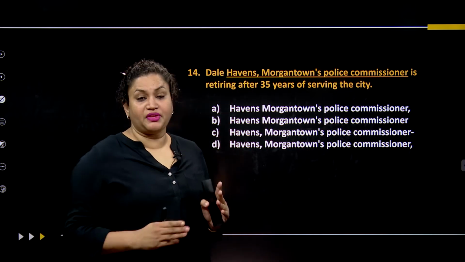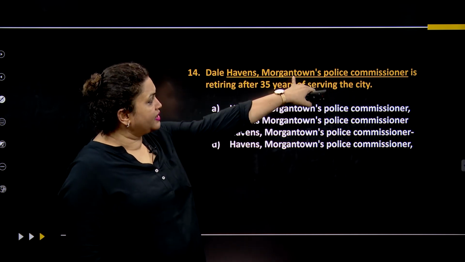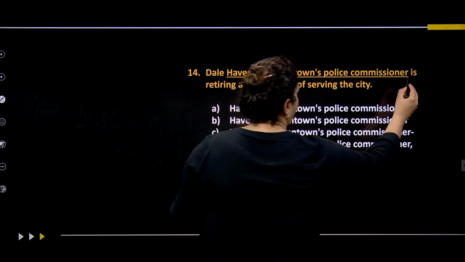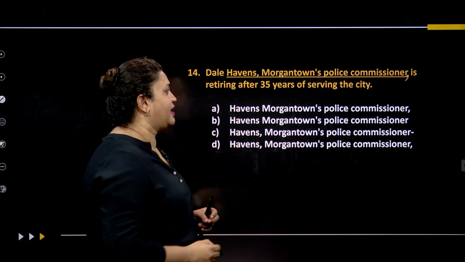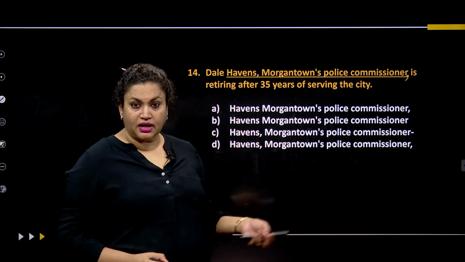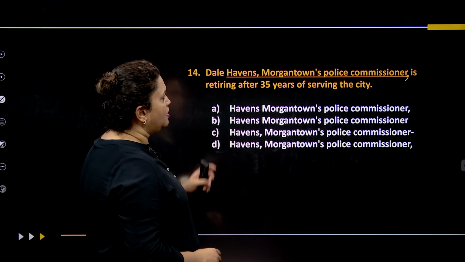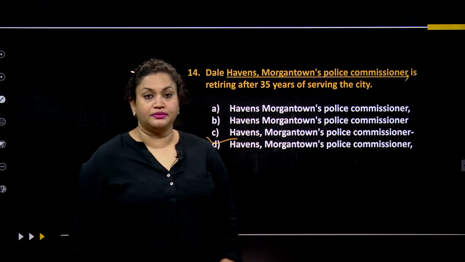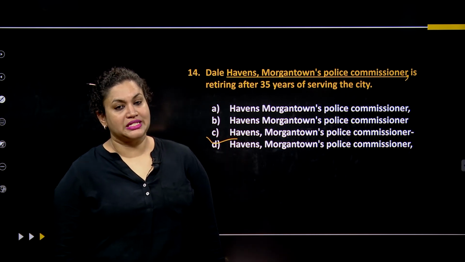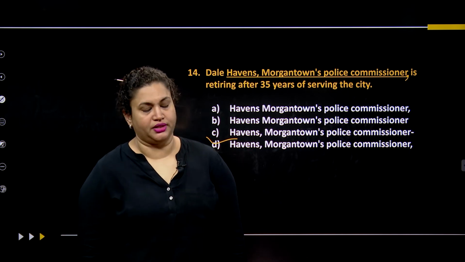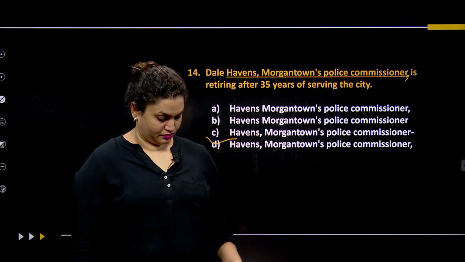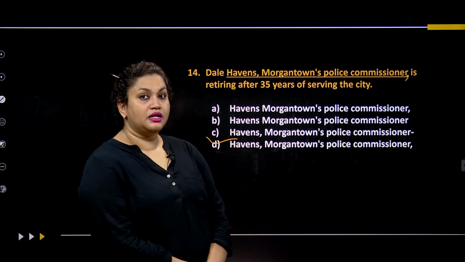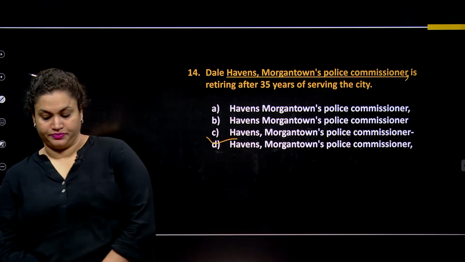Dale Havens is the name of the person. The subject, Morgantown's police commissioner, is extra information, and after extra information you require a comma. Therefore, we have to check which option has a comma, and looking at all the options, a comma here and a comma there, we only have D as our right answer. I hope this is clear. Please check. Let's go to the next question.